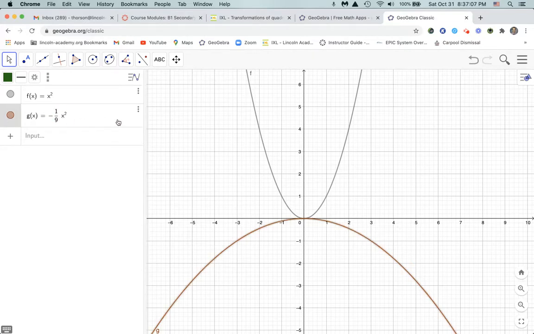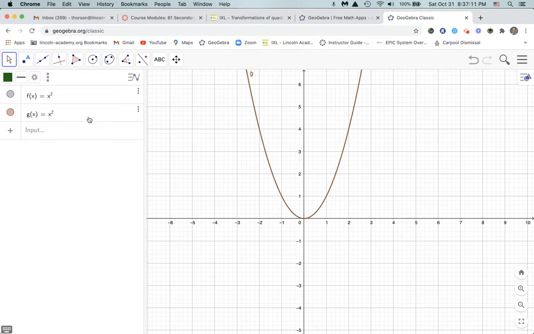Now, in your lesson today, we're going to combine all those. So again, we're going to take our original x squared function. I'm going to put in here x plus 2, and let's close the parentheses. I might put a 2 out in front, and then I might do a plus 2. And the question is how is that going to transform it?